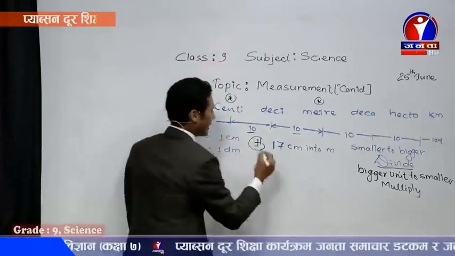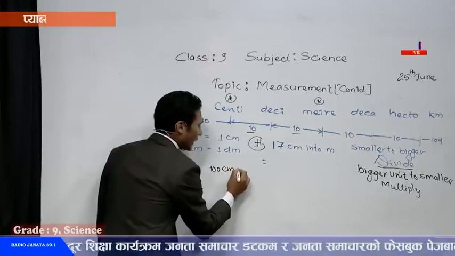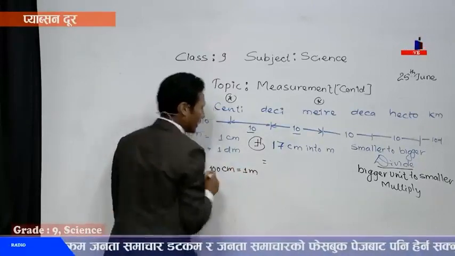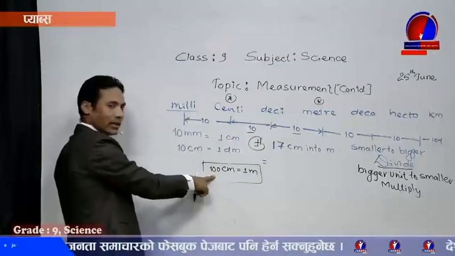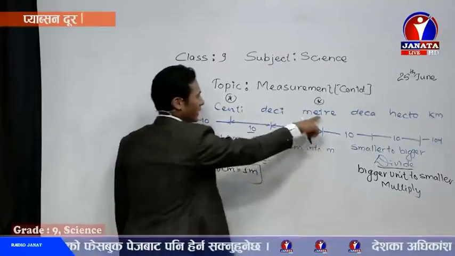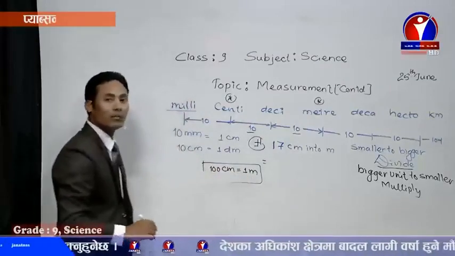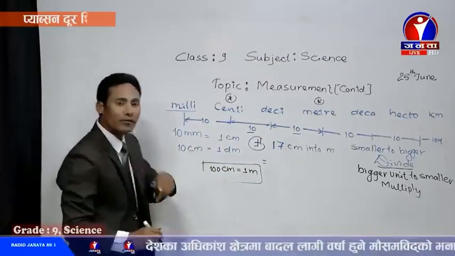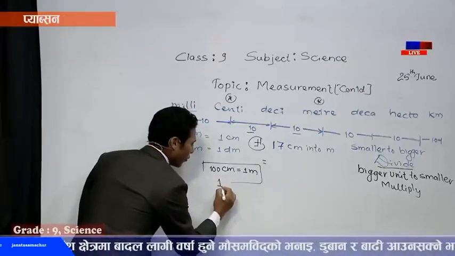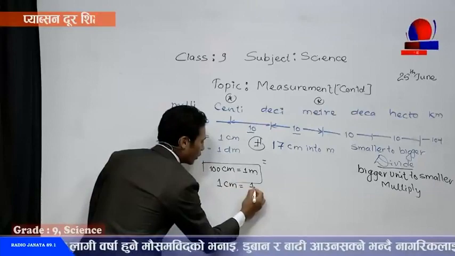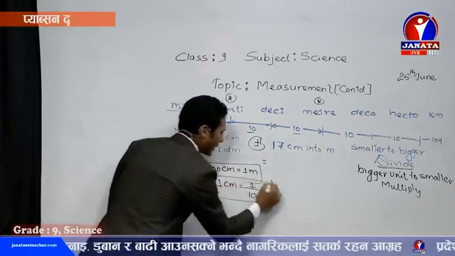So remember that 100 centimeter equals 1 meter. How do we get this? Because 10 and 10 is 100, and there are 2 tens, so 100 centimeter equals 1 meter. That means we have to divide by 100. Why? Let me do one more step. 1 centimeter equals 1 by 100 meter. That's why we have to divide by this 100.